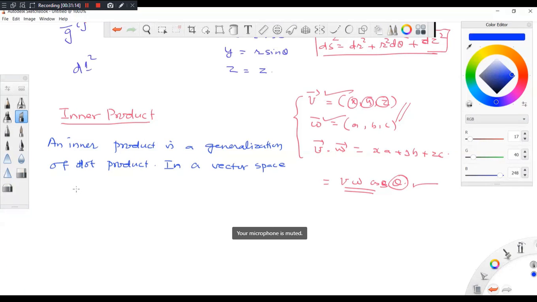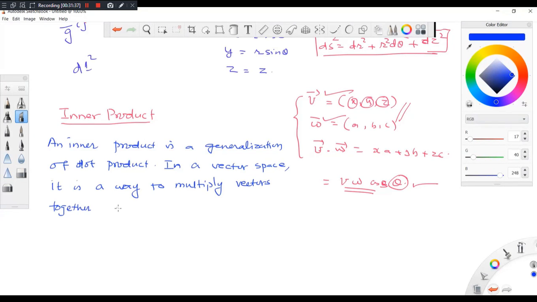It is a way to multiply vectors together, giving a scalar. So the dot product will give you a scalar.